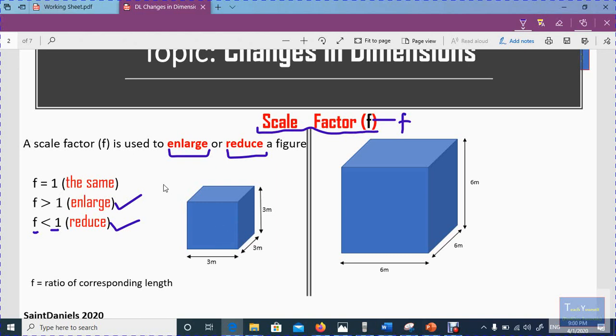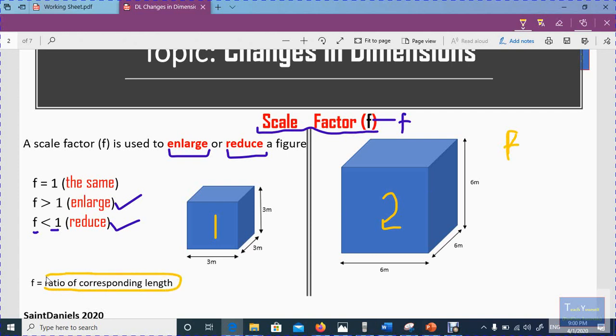Now, how do you find the scale factor? Let's consider this figure. Let's say this is figure 1 and this is figure 2. These two figures are cubes. They are similar, and this side of the cube is given as 3 and this length of the cube is given as 6. What is the scale factor? The scale factor, F, is the ratio of corresponding lengths.